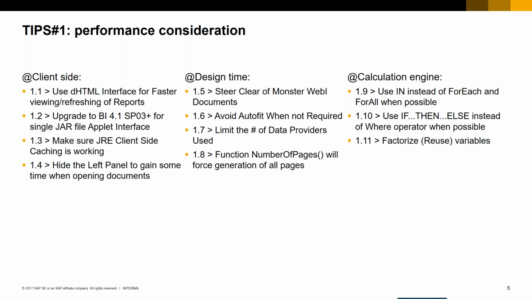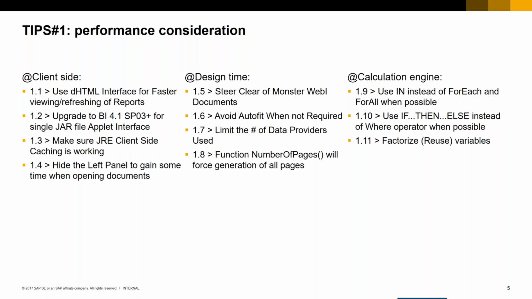So you can imagine that when you want to load the Java applet, the time has drastically increased. But starting BI 4.1 SP3, sorry, you just have to download one jar file again. So it means that the loading is faster now, starting 4.1 SP3 and in the most recent release.